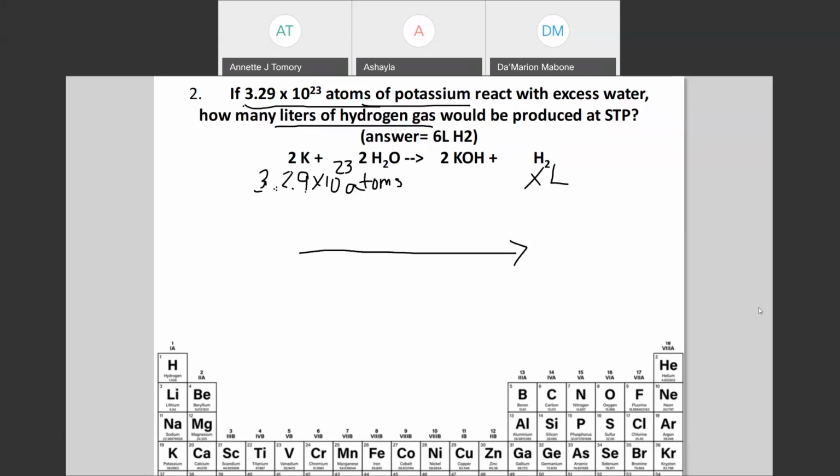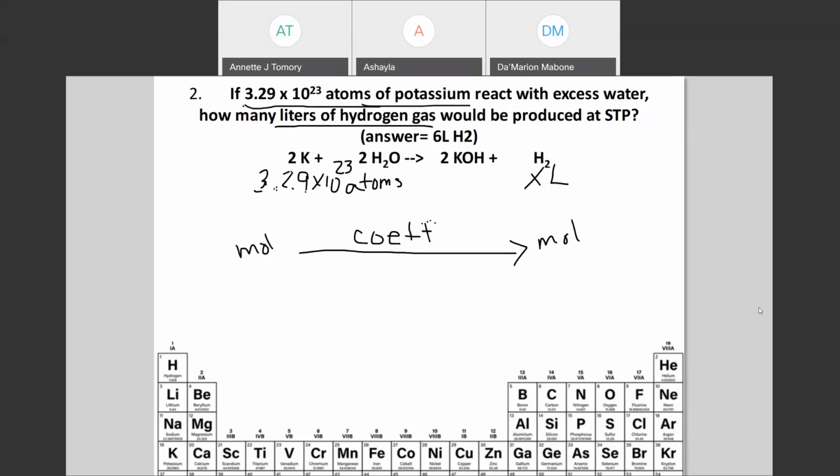What do I have to use to do that? Coefficients. So I'm going to write the word coefficients above that line. That tells me what I have to do. Now, in order to use coefficients, what units does it have to be in? Moles. So I'm going to have moles on the left and moles on the right, because we're going from moles of the potassium over to moles of hydrogen.